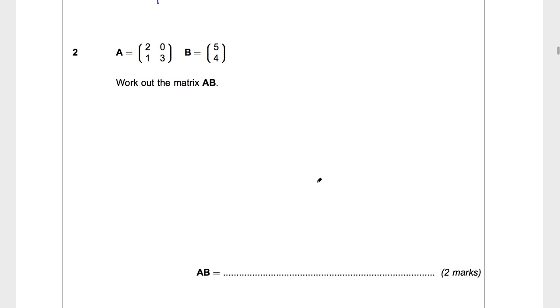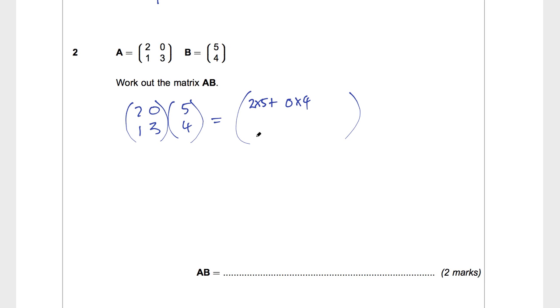Next question, multiplying the matrix A to the matrix B. So this is just a test of, am I able to multiply matrices together? And this is where we multiply the first thing in the row by the top thing in the column, so that's 2 times 5 plus the second thing in the row by the bottom thing in the column, plus 0 times 4.